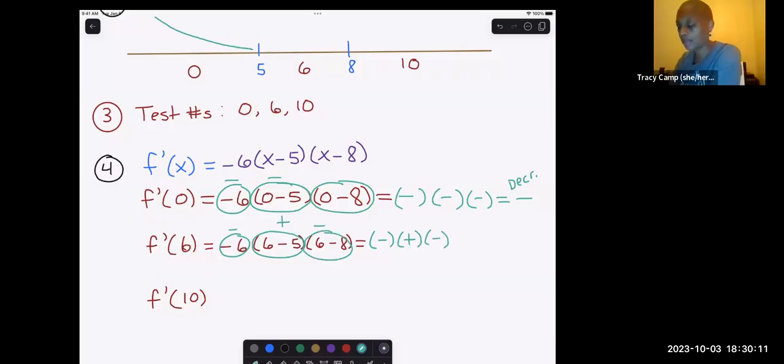Negative times positive times negative ends up giving me a positive, because negative times positive is negative, and negative times negative is positive. So that tells me my function's increasing right here. I'm going to go up to my number line and draw increasing to the right of 5. And right away I see that I have a min at 5, just like that.